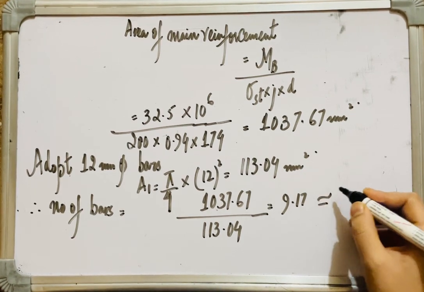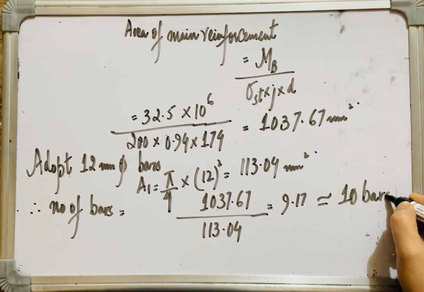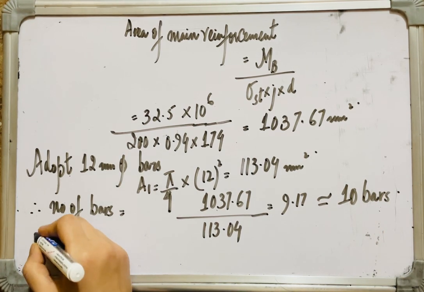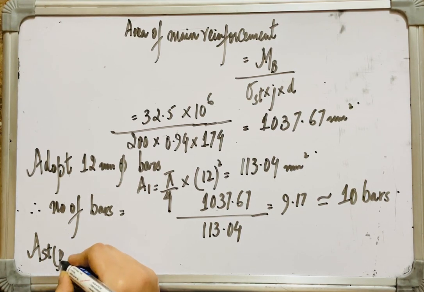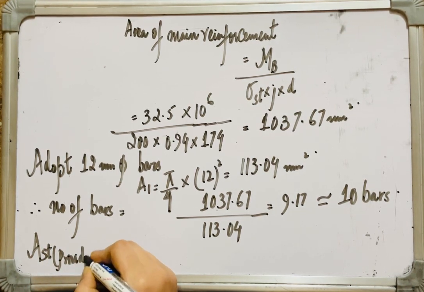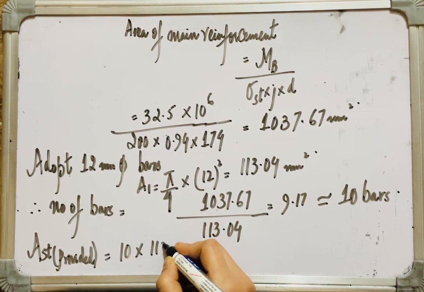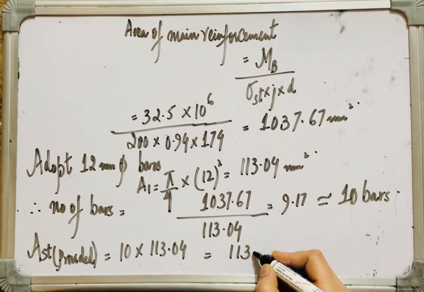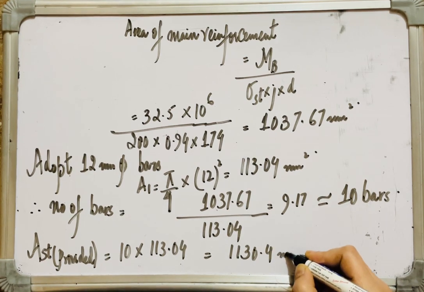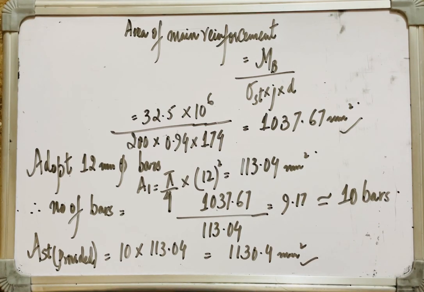So approximately I'll be going with 10 bars. Alright. If I took 10 bars, how much AST provided did I keep? Obviously 10 multiplied by the area of 1, which is 1130.4 mm square. Required was this, I provided this, hence safe.